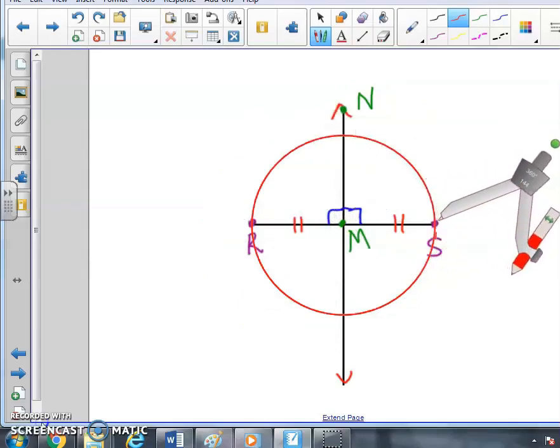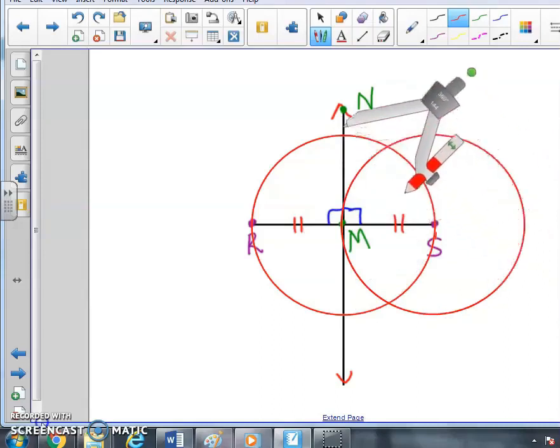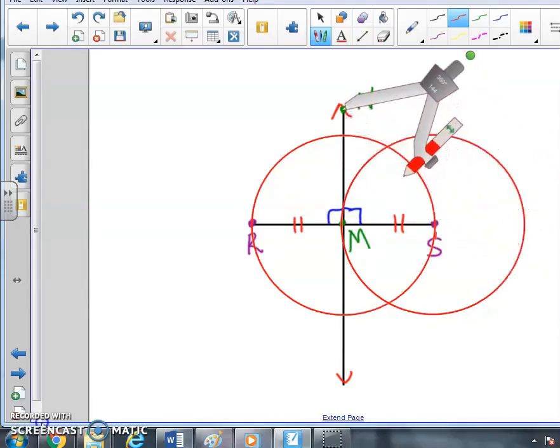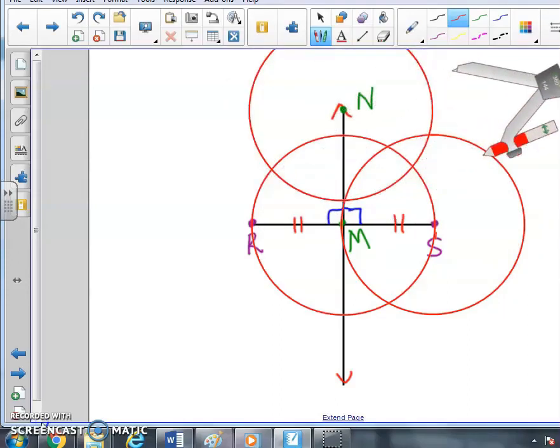Then we're going to move our compass over to point S. We're going to draw another circle and leave our compass the same opening because that will give me the same radius as the original circle. And then we're going to go up to point N and we're going to construct another circle. And I'm going to label this point at the top of intersection.